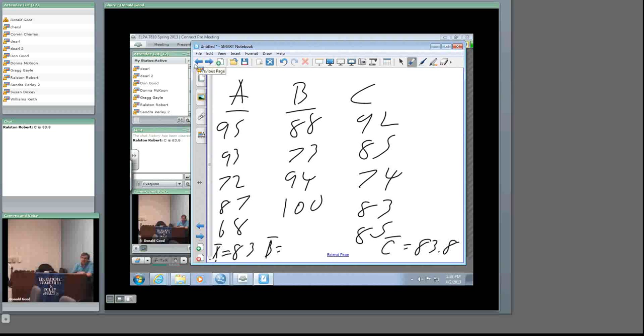Like X bar, I just call it A because we're talking about the A distribution. I've got a bunch of A scores. Okay, so B, I'm told, is 88.75. So my question is, is there any difference at all somewhere between the averages of 83, 88.75, and 83.8?